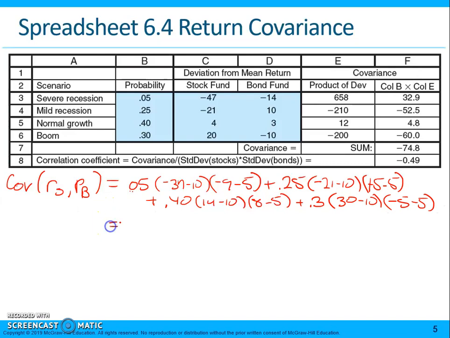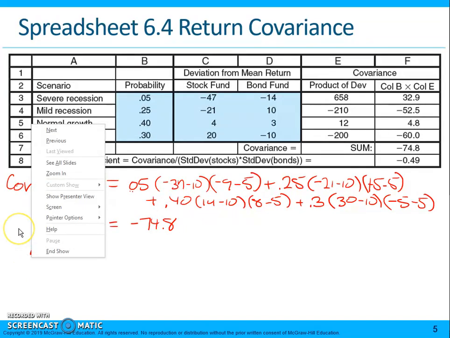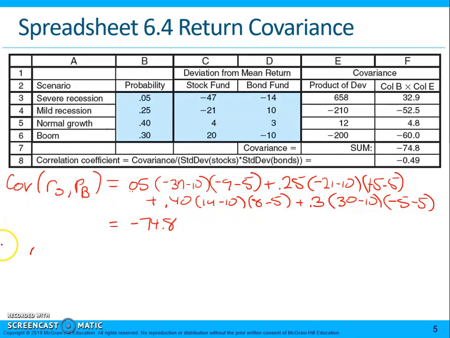So all those together was negative 74.8. So now for the correlation coefficient, it is signified by rho.